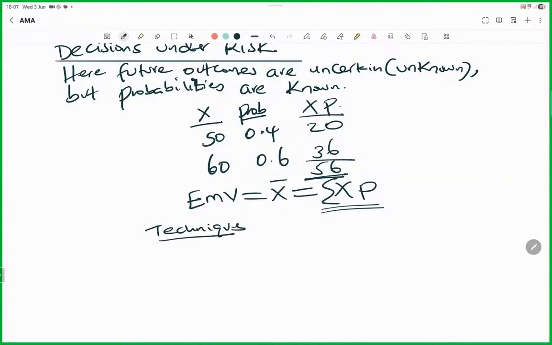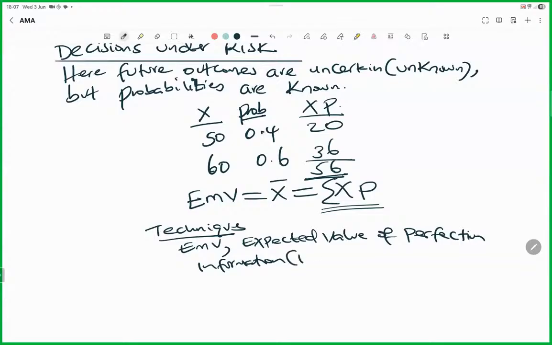Now, ladies and gentlemen, under this risk environment, your examiner expects us to teach you the following techniques. If you look at your syllabus, your examiner wants us to teach you EMV, then what we call expected value of perfect information, EV of PI, which you must be able to know.